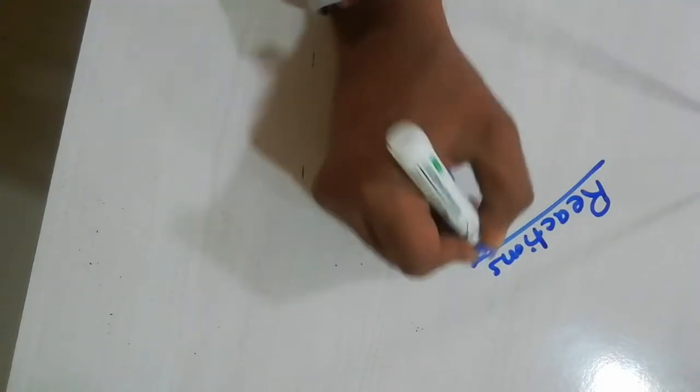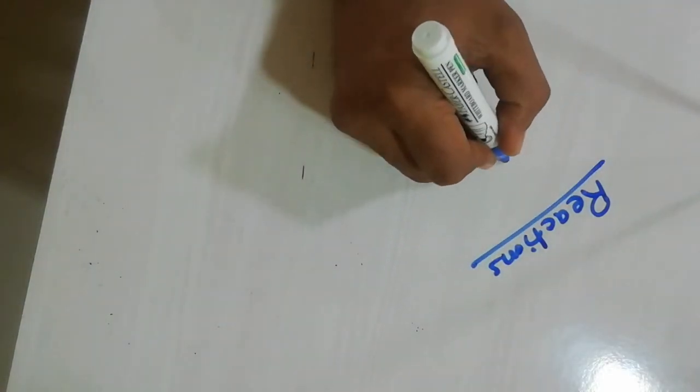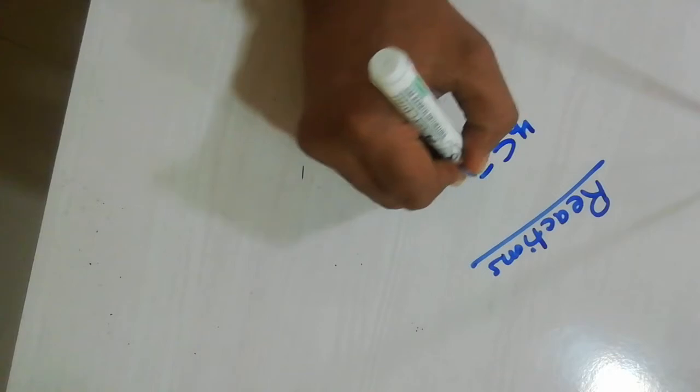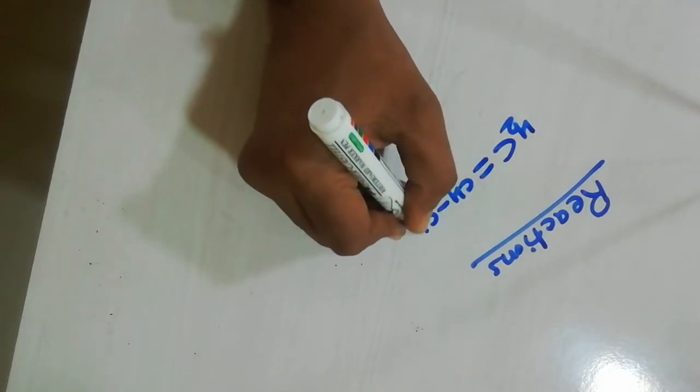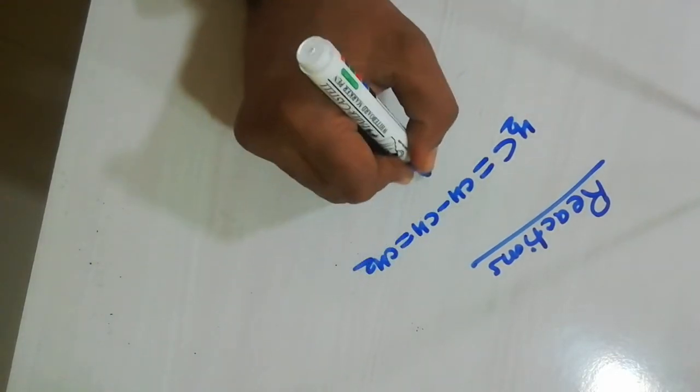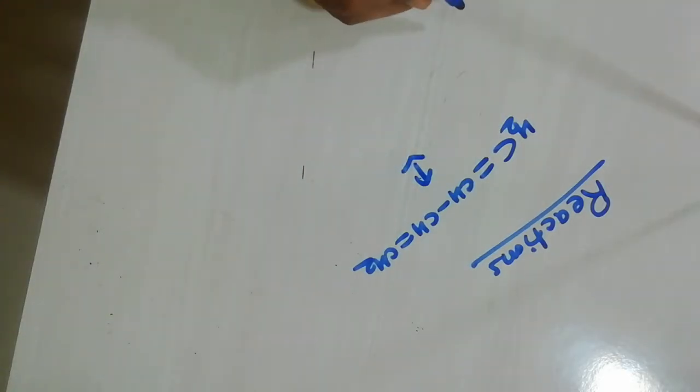Now, let us move to the reactions. Before understanding the reactions of 1,3-butadiene, let us understand that this particular system, 1,3-butadiene, has resonating structures of this kind.